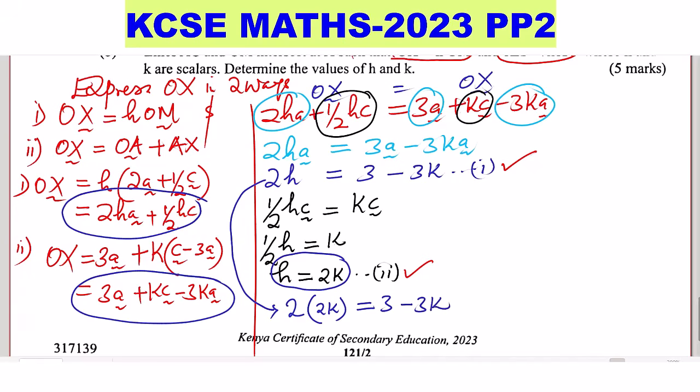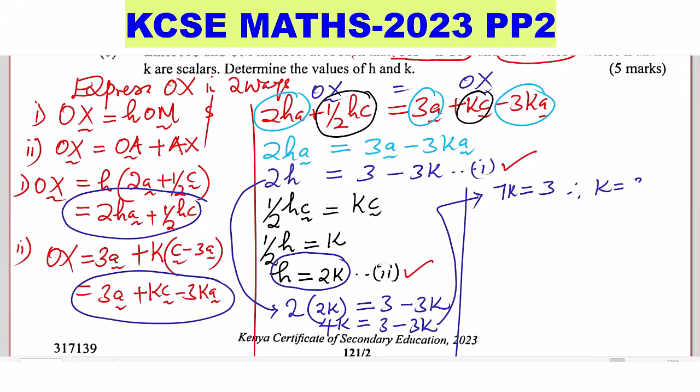So this will give 4K is equals to 3 minus 3K. And bringing the like terms together, you'll have 7K is equals to 3. And here, K is equals to 3 over 7.